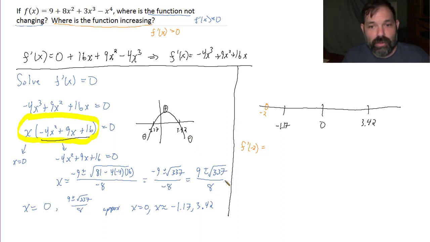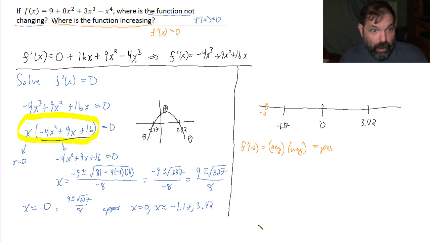See how that works? And so then f prime of negative 2 is going to be a negative number, right? Because x is negative, so I have a negative number. And then looking at the quadratic, negative 2 is to the left, so another negative number. That's going to be positive. Now, if you don't like this, you can substitute negative 2 into the derivative.